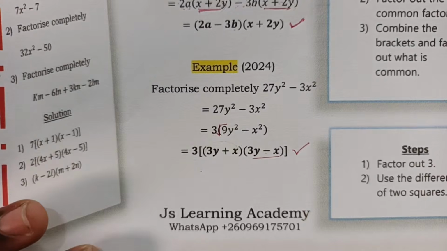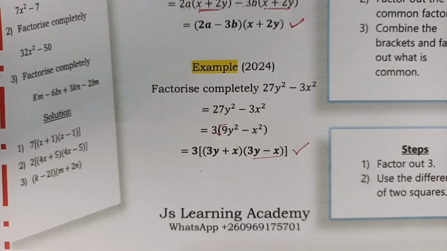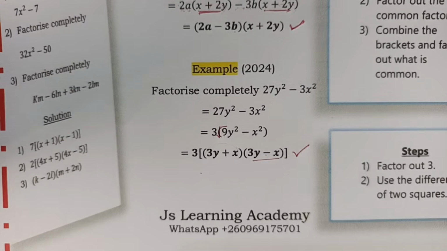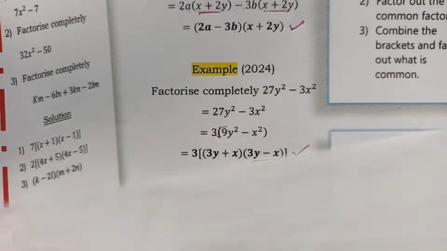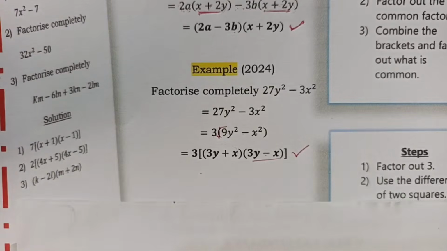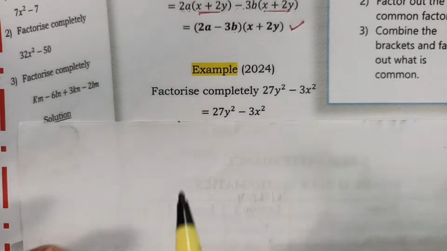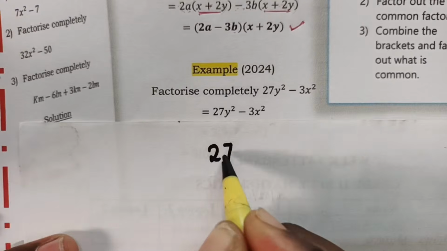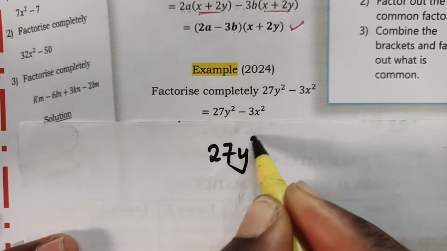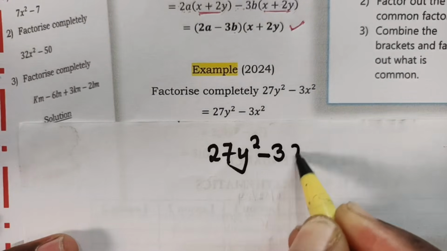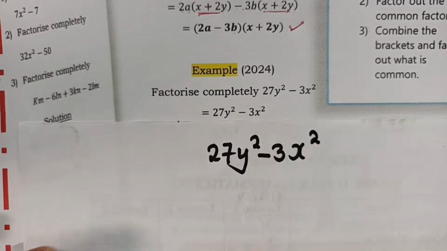Whoever is saying they don't understand, let's find where we can write something for you. Let me see if I can use this paper. So they've given us 27, and then y power 2 minus 3x power 2. So this is what they've given us, right?